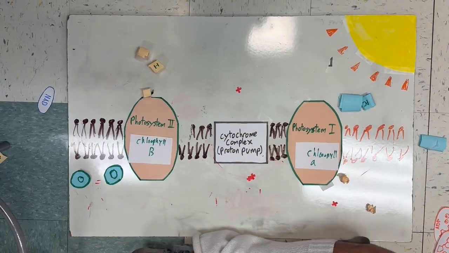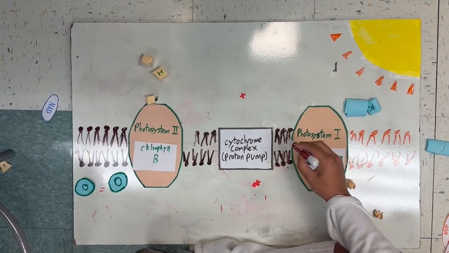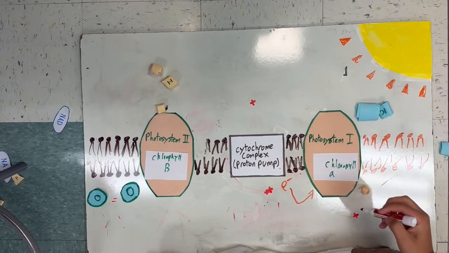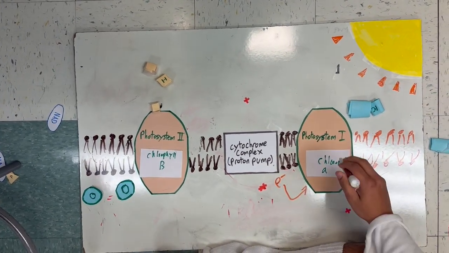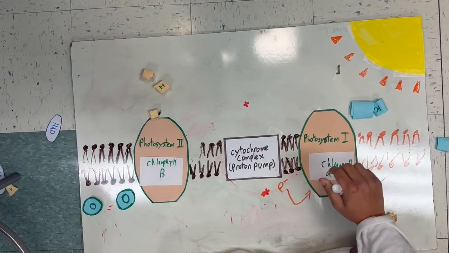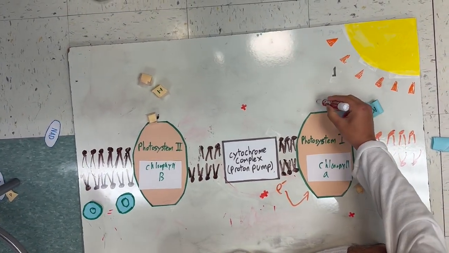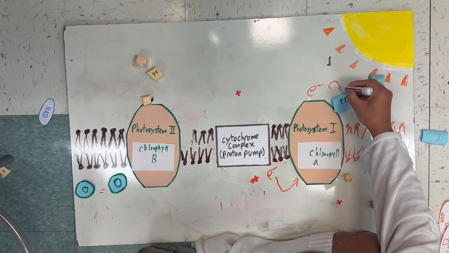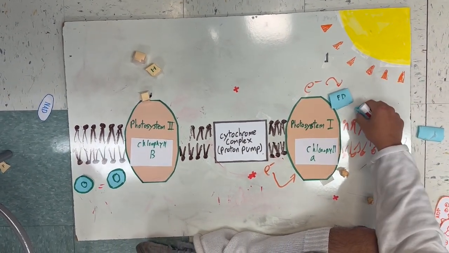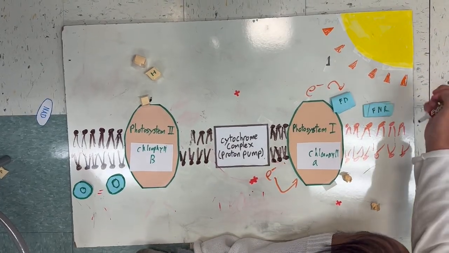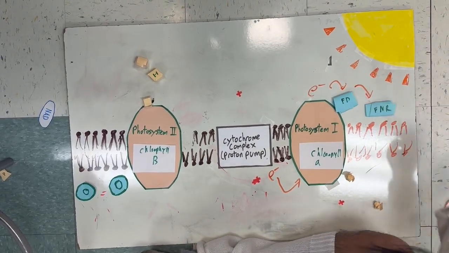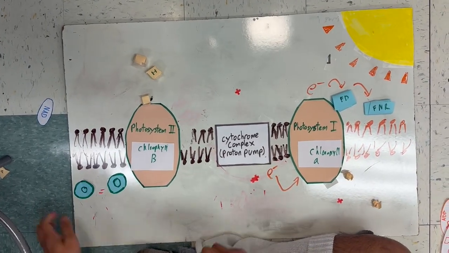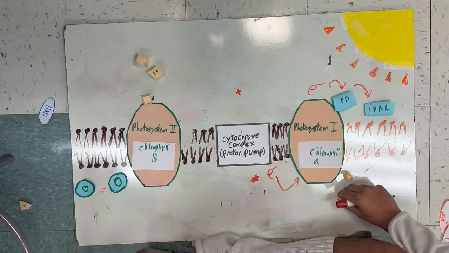From the proton pump, the electron continues down the electron transport chain using a molecule called PC to transfer it to photosystem 1, where again using light from the sun, photosystem 1 gets excited and transports the electron to FD, which is another part of the electron transport chain, which is then transported to FNR, which is also known as NADP plus reductase.